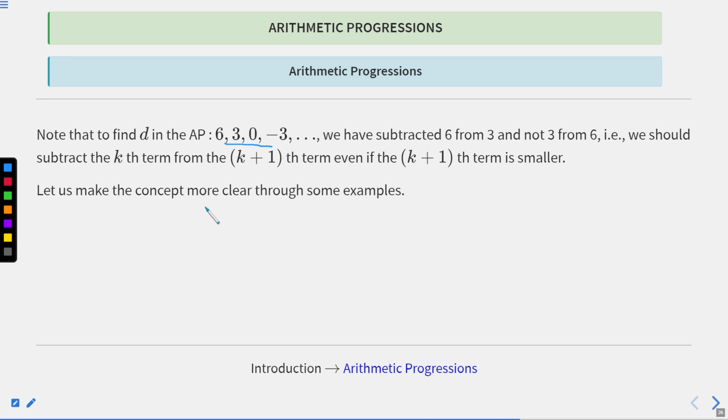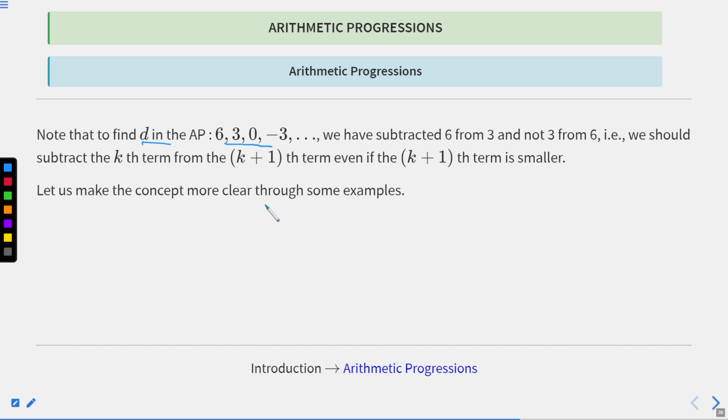Basically, here we are subtracting the preceding term from the succeeding term. Note it down: for finding D in the AP, we have subtracted 6 from 3, not 3 from 6.